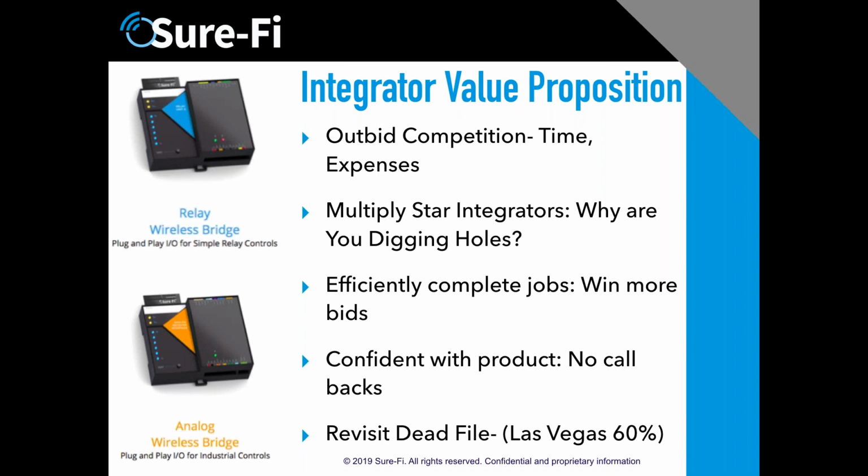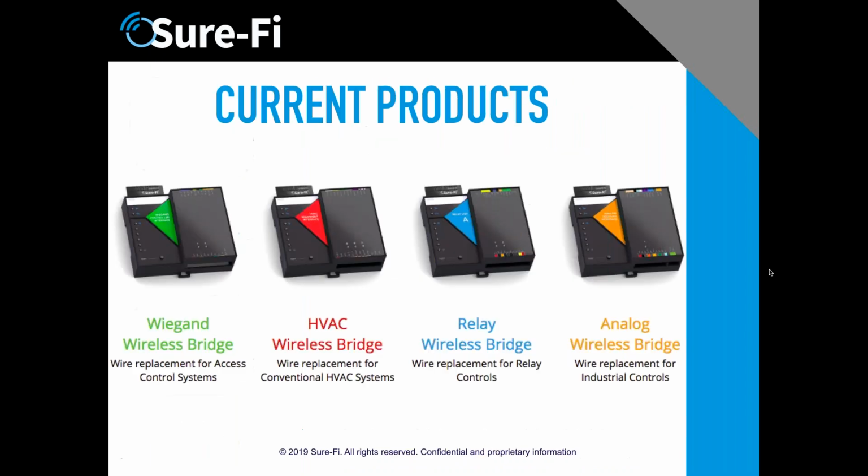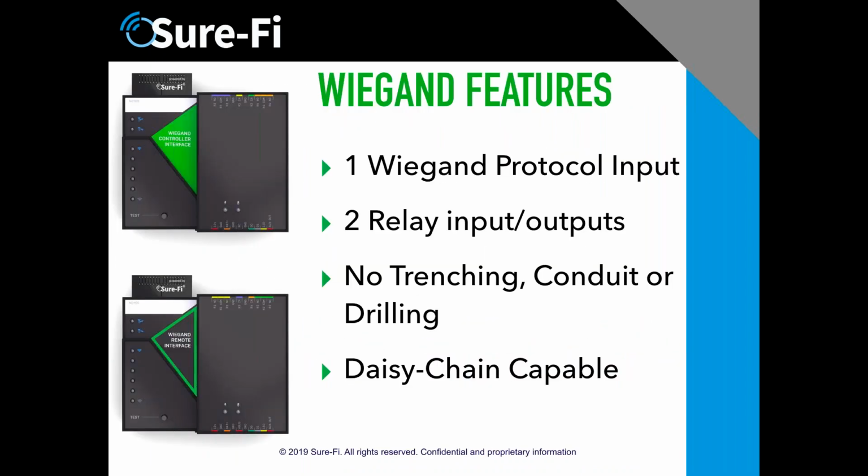If I go to the next slide, the question was how this exactly connects. In this slide, you see a controller interface, and below it is a Wiegand remote interface. The controller interface goes back at your controller, wherever you normally would wire in your credentials, your two-door panels, whatever you wired into your controller.